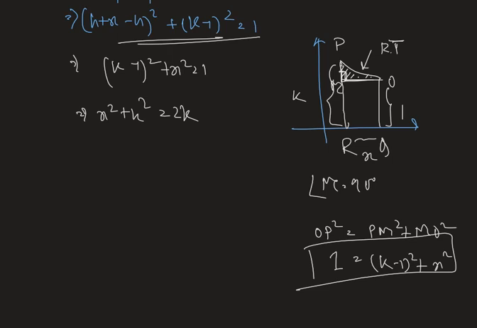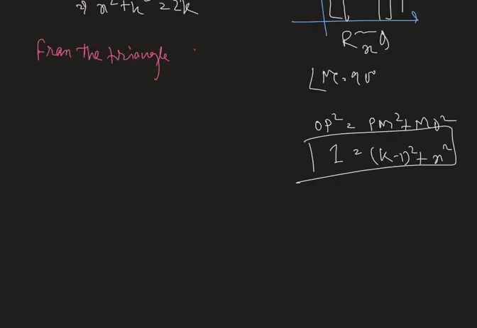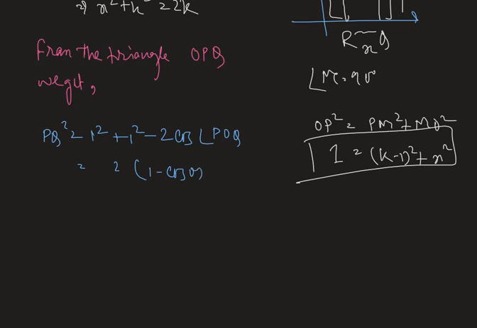Okay. Now from the triangle OPQ, we get PQ square is equal to 1 square plus 1 square minus 2 cos angle POQ, which results in 2 into (1 minus cos theta), as we let the angle POQ be equal to theta.